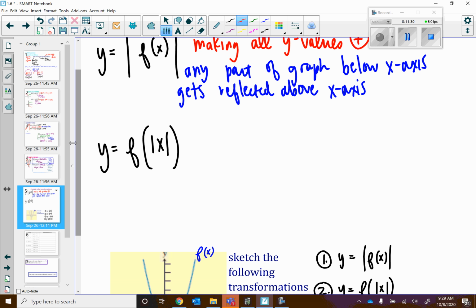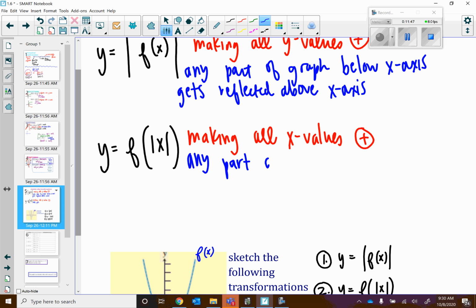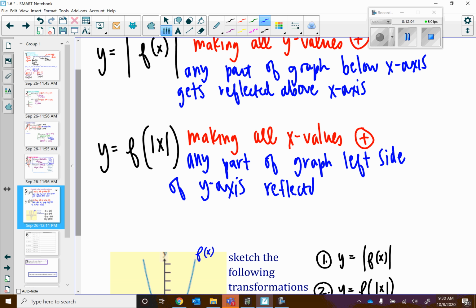In this case, we are making all of our x values positive. And if we are doing that, then any part of the graph that is on the left side of our y-axis is going to be reflected over that y-axis.